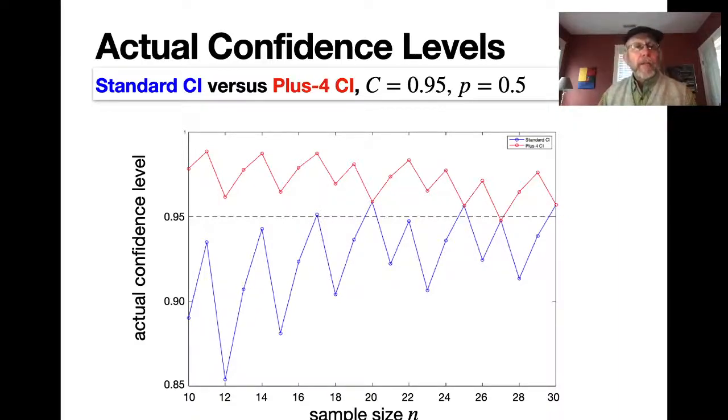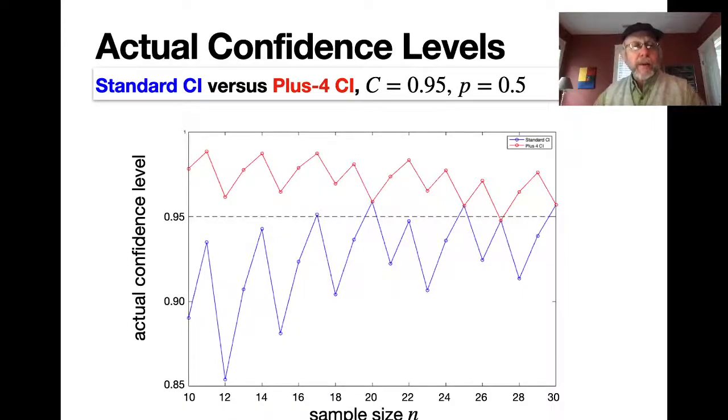The confidence level that I'm talking about in this particular chart is 95%, and we're trying to estimate a population proportion that is equal to 0.5. The chart was built by running simulations over literally millions of confidence intervals, calculating the confidence intervals by the two methods, and then seeing how many of those million confidence intervals actually contain the true population proportion of 0.5.